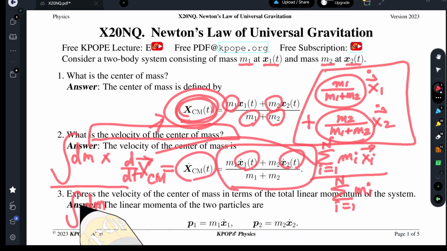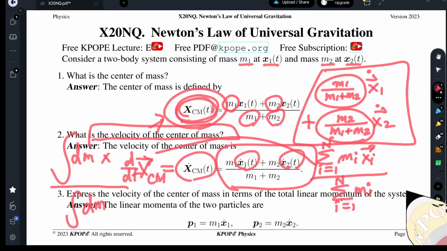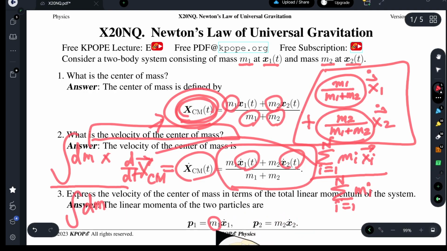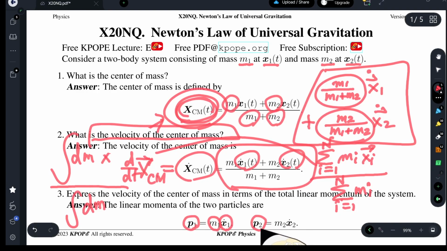Next, express the velocity of the center of mass in terms of the total linear momentum of the system. The linear momenta of the two particles are mass multiplied by the velocity. So P1 is the linear momentum of the first particle, and P2 is the linear momentum of the second particle. That is mass times velocity.